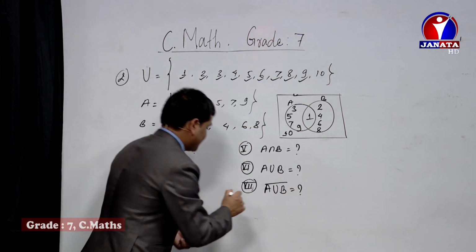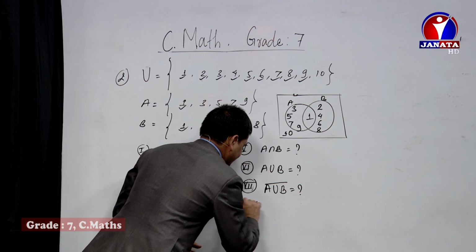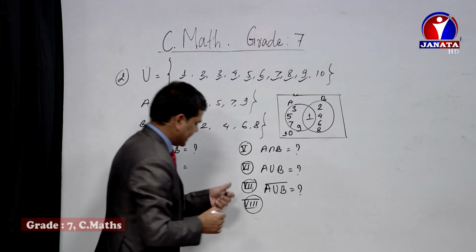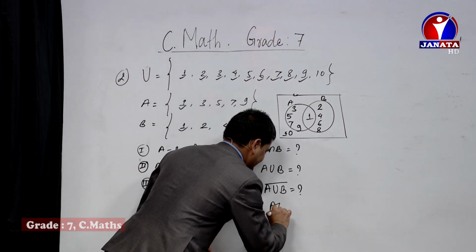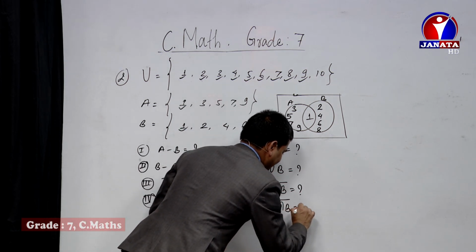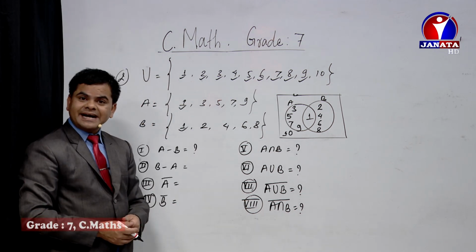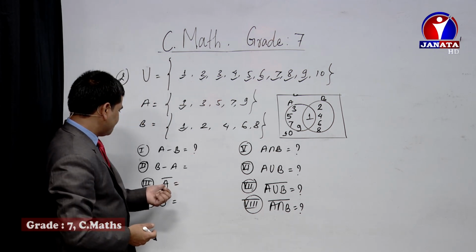If you are able to find all of these, then you are like me, you are the expert. Number 7, 8: now I am going to write A intersection B complement. Can you find it from the same Venn diagram by looking at this Venn diagram?